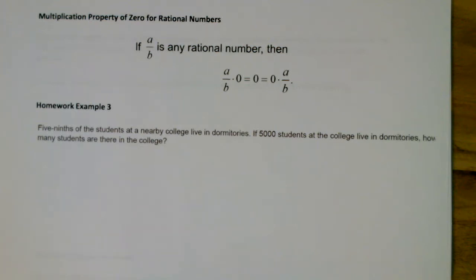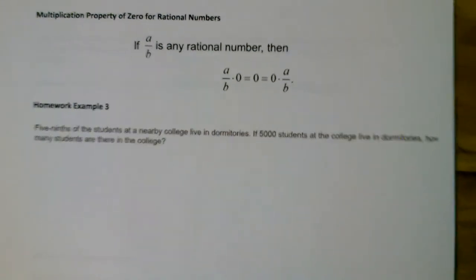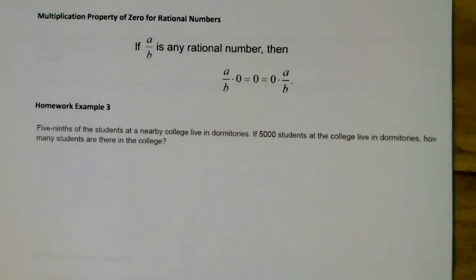Okay. So now let's look at an example here dealing with multiplication. And it says here, 5/9 of the students at a nearby college live in dormitories. If 5,000 students at the college live in dormitories, how many students are there in college?